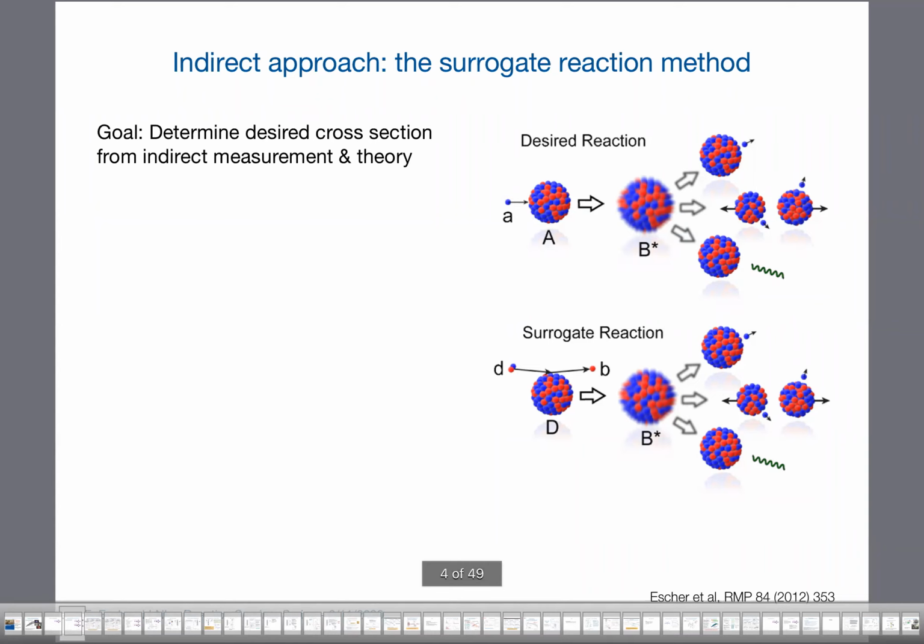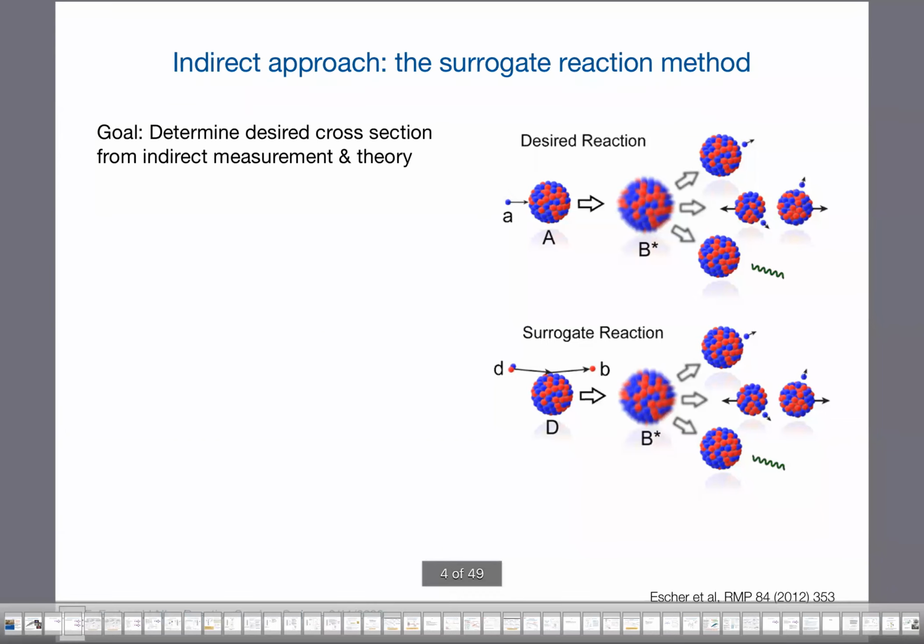In this experiment, we observe the outgoing particles, in this case the B particle, which tells us at what energy the nucleus B star is made. In coincidence with that, we look at the decay of this nucleus. From this information, we would like to infer enough about the decay of B star that we can then calculate a cross section for the desired reaction.